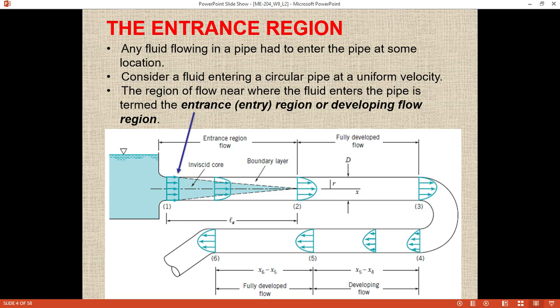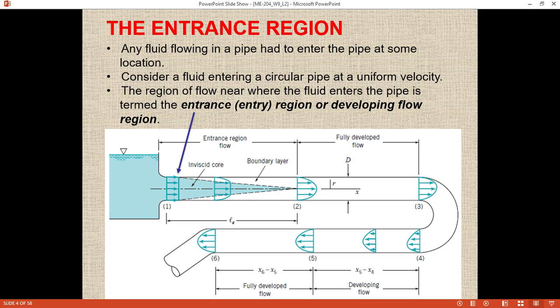So this is a big reservoir. From the big reservoir, the velocity at the entrance is uniform, and now the fluid tries to enter a pipe. After that, we will see what happens.